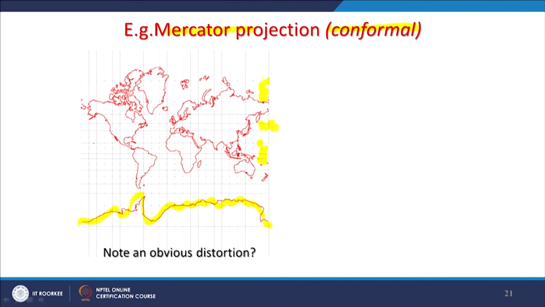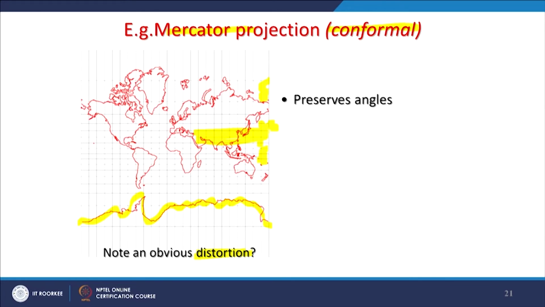So, the same area is represented as very large, which is what is bringing the distortions, but it is achieving very good results for mid-latitude countries. Mercator projection, for countries like India, is quite good in that sense.